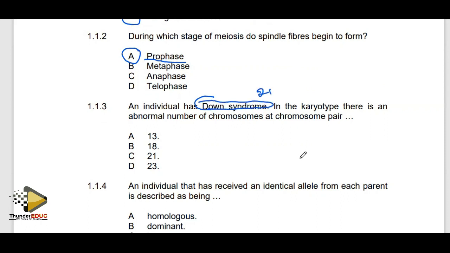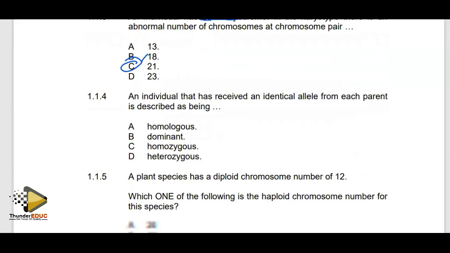You must think about an extra chromosome on chromosome pair number 21. So the answer is going to be C. Don't forget that each objective is 2 marks.